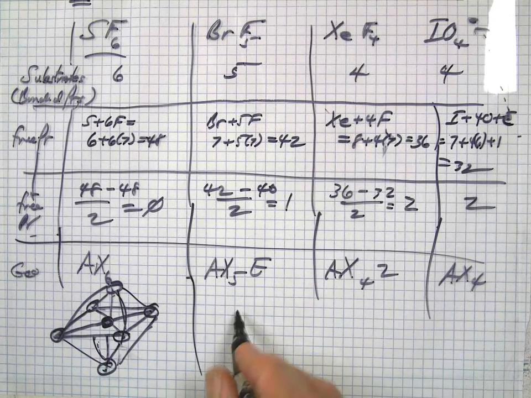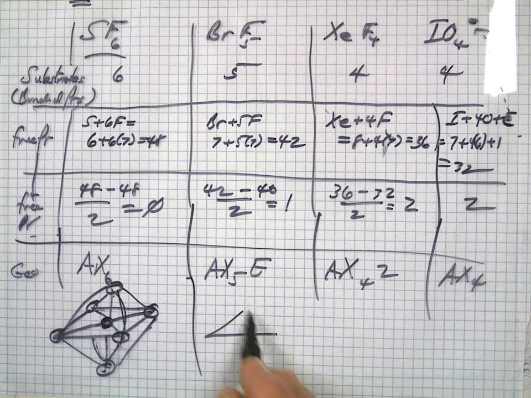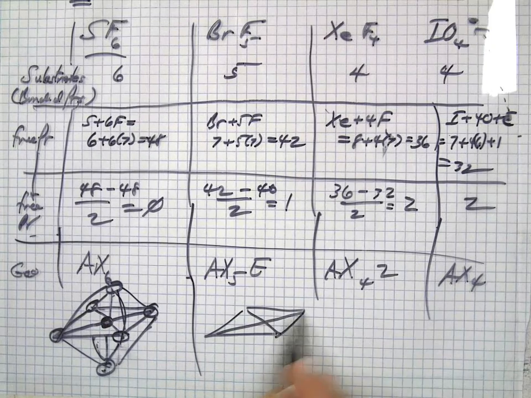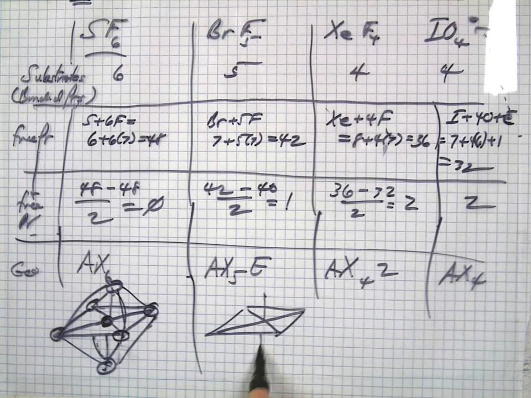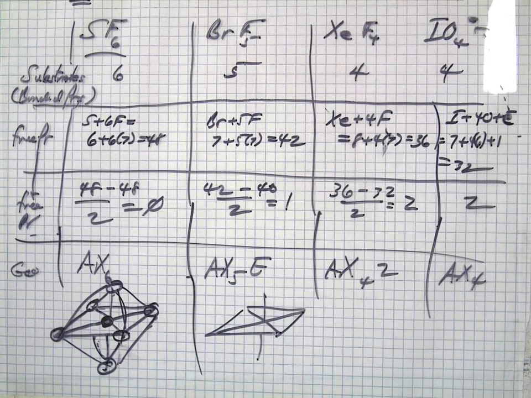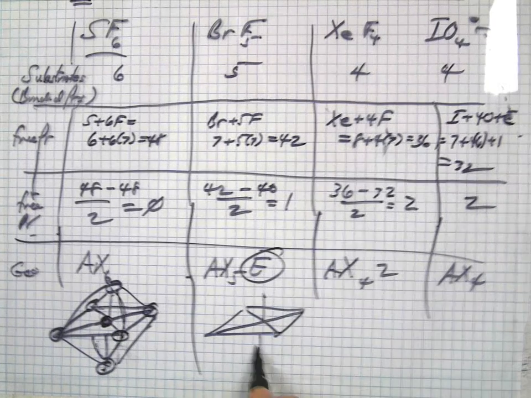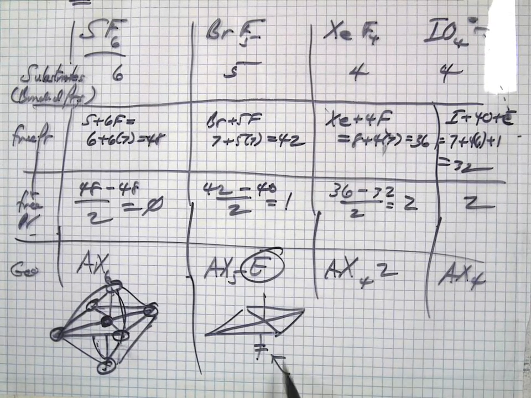Now this one is drawn the same way, except when you put the first electron pairs in, they go above or below the plane.